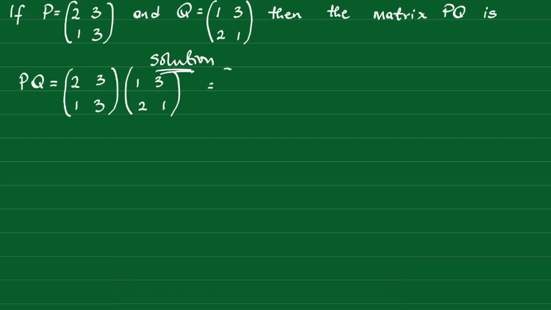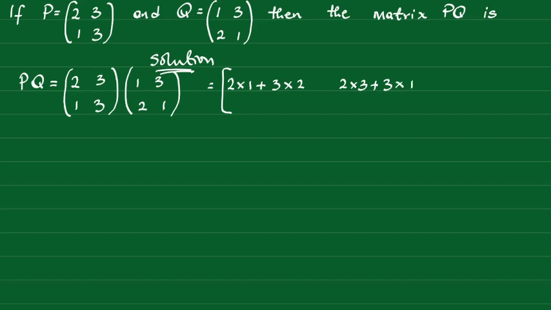So we open a bracket, we'll have 2 times 1 plus 3 times 2. Next we have 2 times 3 plus 3 times 1.